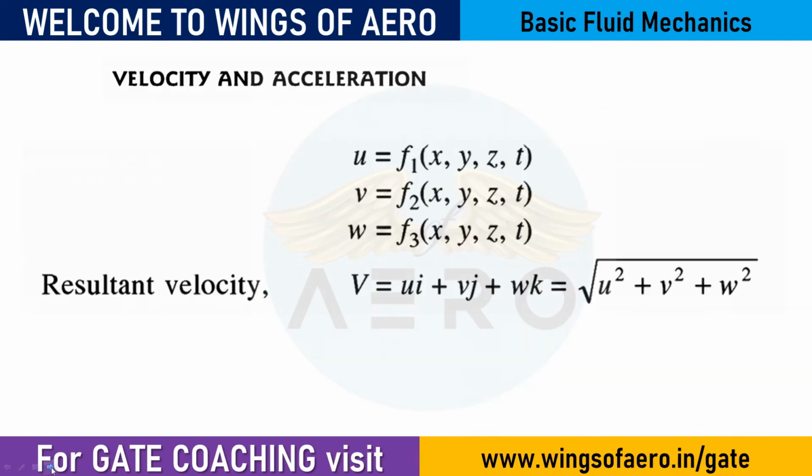Next we will see how to find the velocity and acceleration. For the velocity, as I've said, if it is a three-dimensional fluid, it's a function of x, y and z.